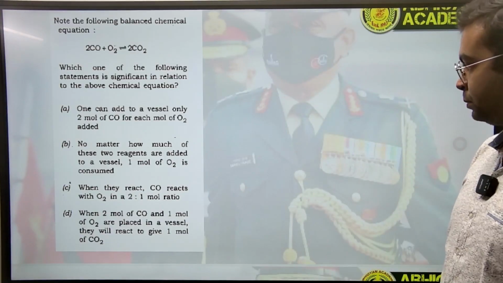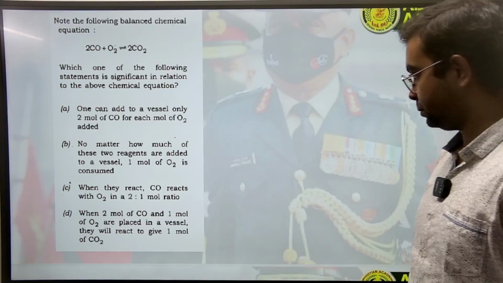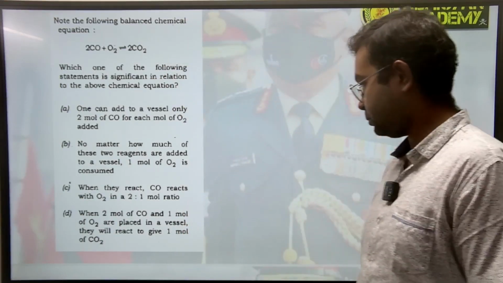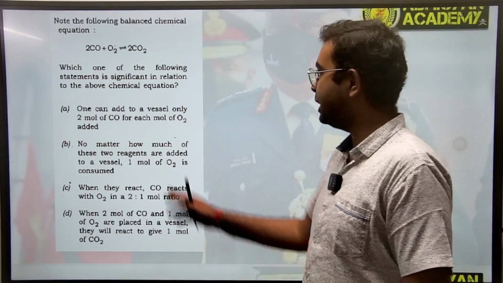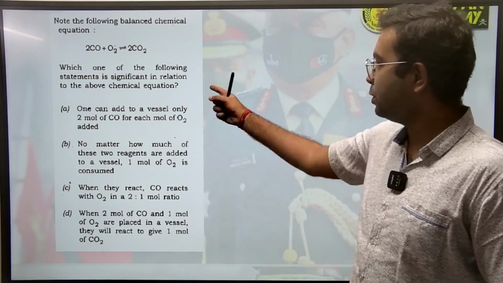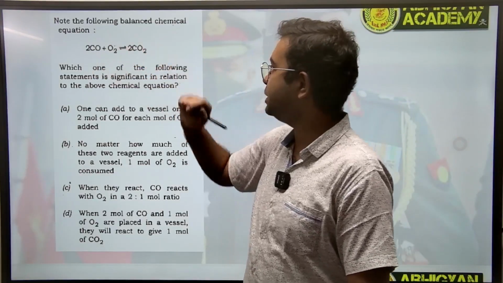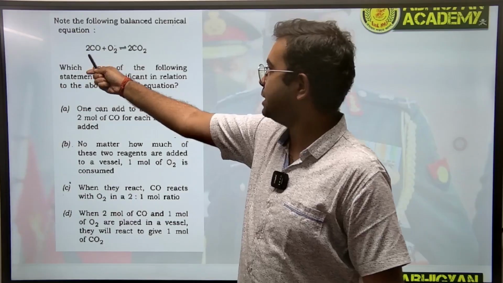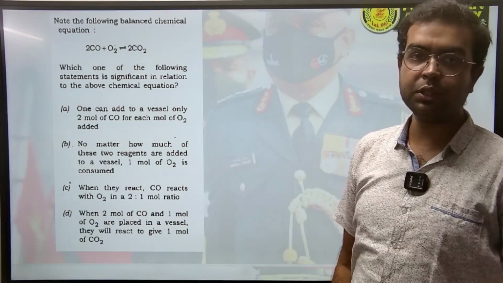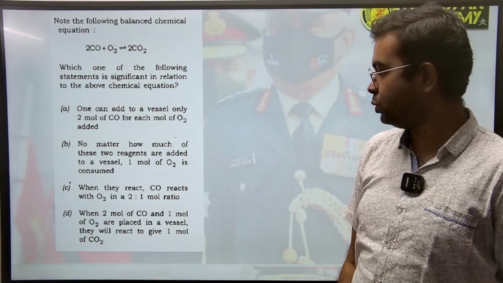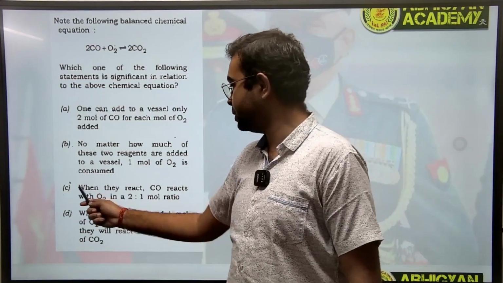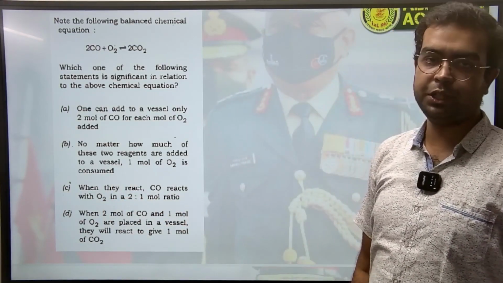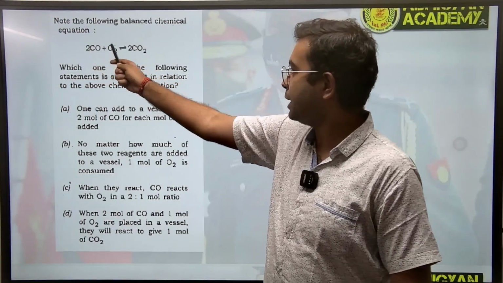So look here, when they are reacting, carbon monoxide is reacting with oxygen in a 2:1 ratio. 2 carbon monoxides are reacting with 1 mole of O2. So the correct answer is option C. When they react, CO reacts with O2 in a 2:1 mole ratio because 2 CO is reacting with 1 O2.